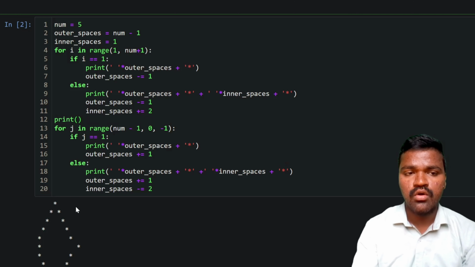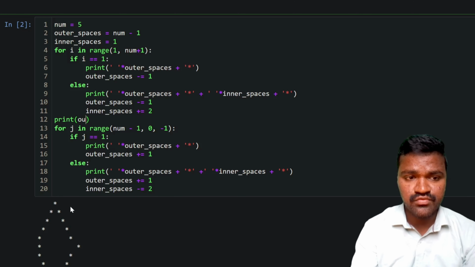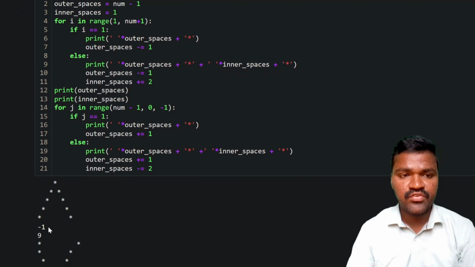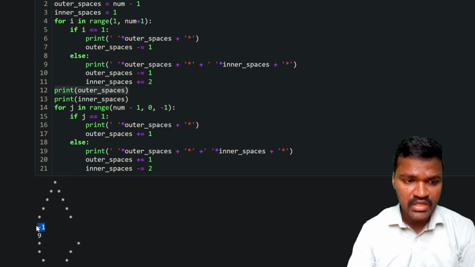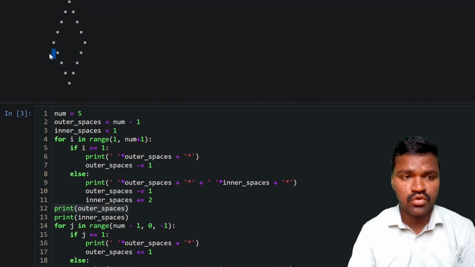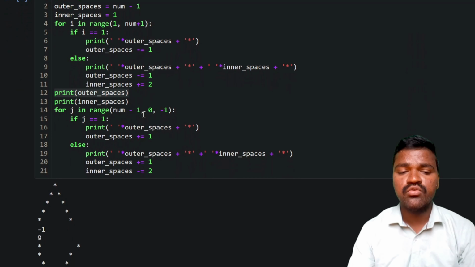First, we need to know what the values are for outer spaces and inner spaces, so that we can track and fix it. Carefully see here, this outer space became -1. But what we need is this outer space as 1 for the first row of this pattern. So what we need to do is increment this outer space by two values.